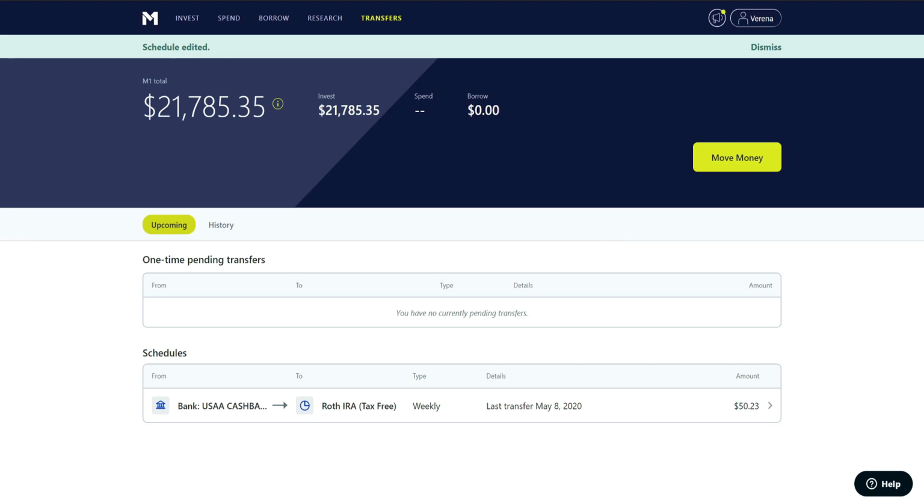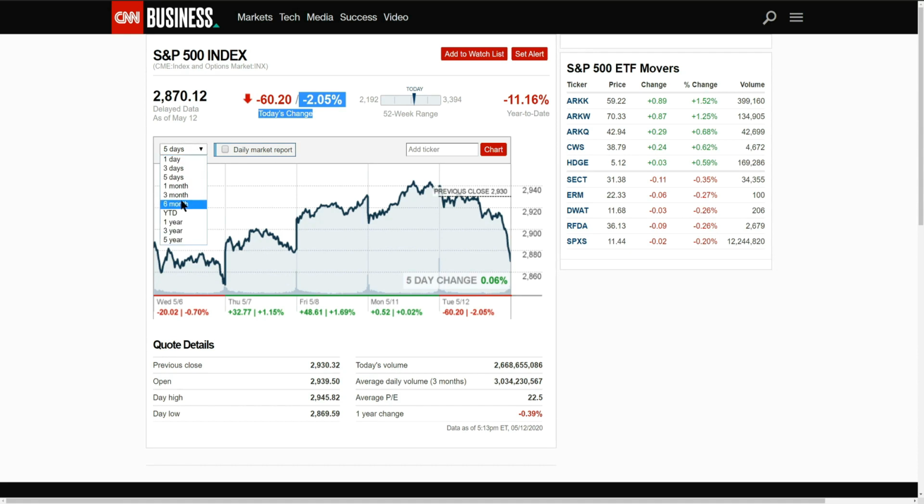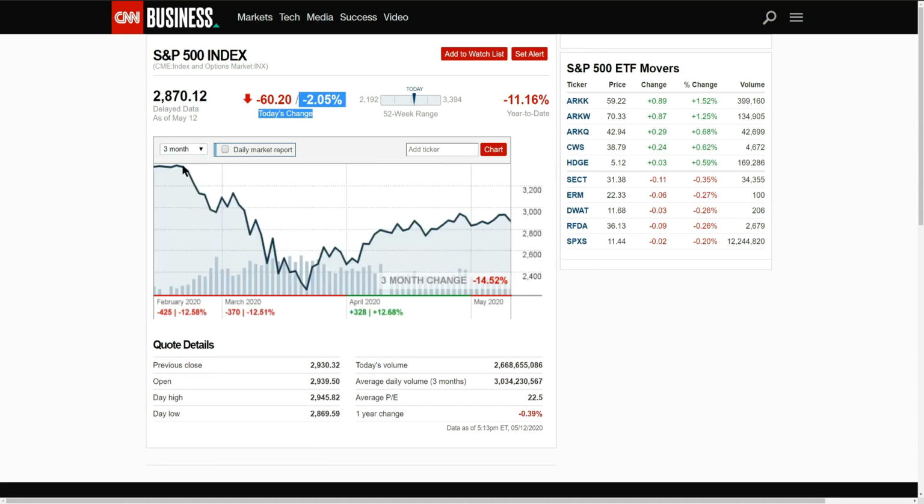Already just within a short amount of time, the S&P 500 has really sort of a V shape here. So if we look at the 3-month period, the market fell from highs here in February all the way down, and we looked to have had a V recovery, but what we may see in the future is a W kind of forming.